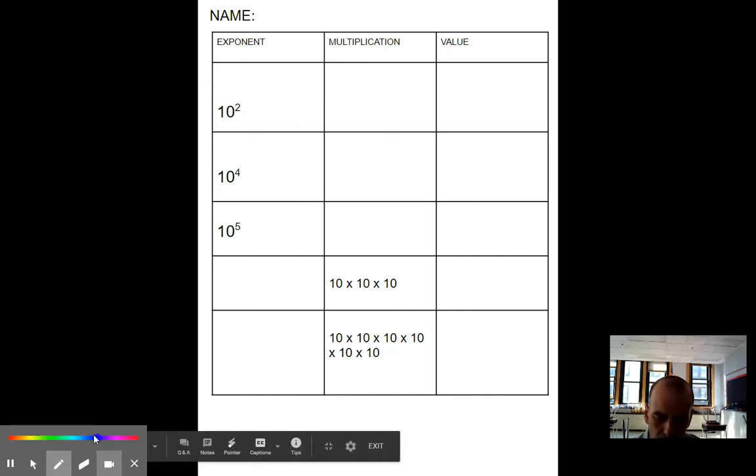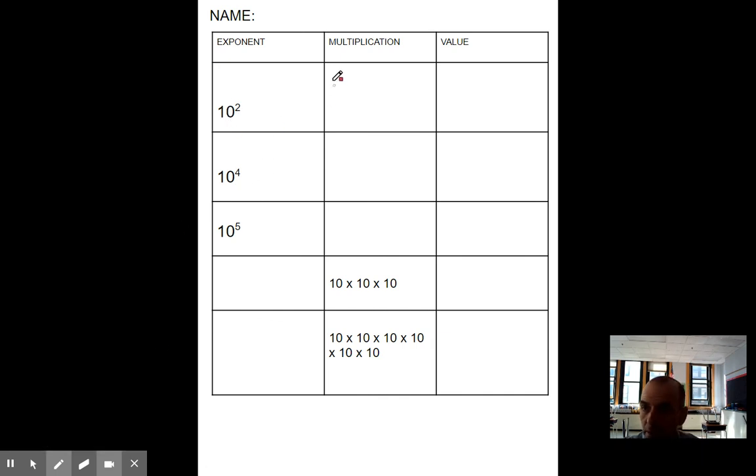So for this worksheet, it gives us 10 to the 2nd. So how do we write that as multiplication? Oh, we write 10 times 10. What's the value? Well, 10 times 10 is 100. There's 2 10s, so there's 2 zeros. Does that make sense? Here, I'll skip down to this one. 10 times 10 times 10. How many 10s is that? 3.